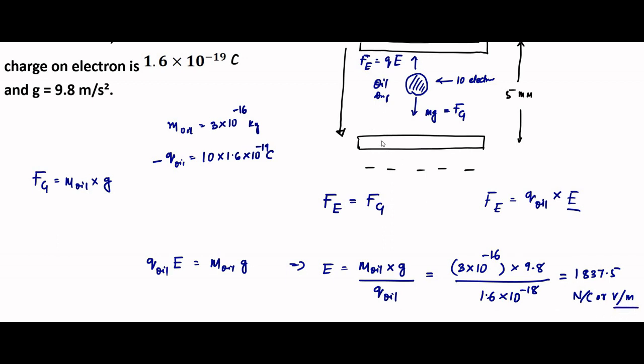So the electric field between these two plates is equal to 1837.5 volts per meter. The separation gap is 5 millimeter, which is equal to 5 into 10 to the power minus 3 meter. Now we know the electric field is equal to the electric potential between two points divided by the separation gap.